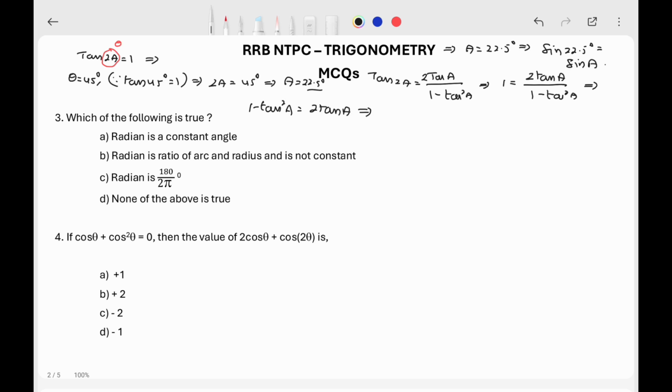That means tan square a plus 2 tan a minus 1 is equal to 0.